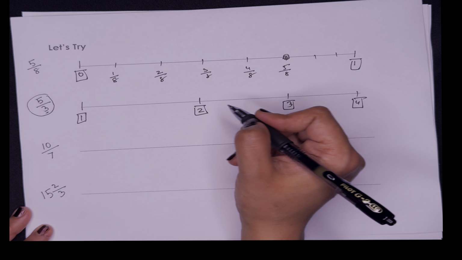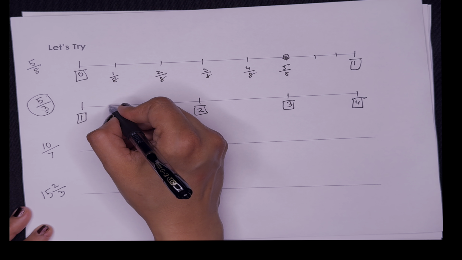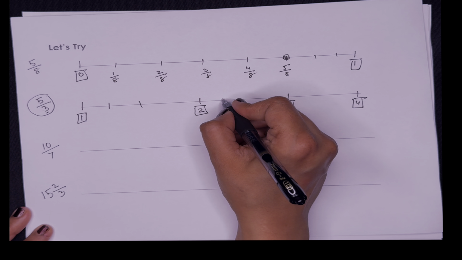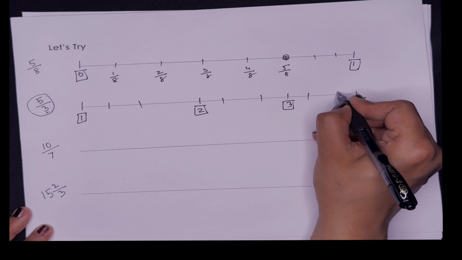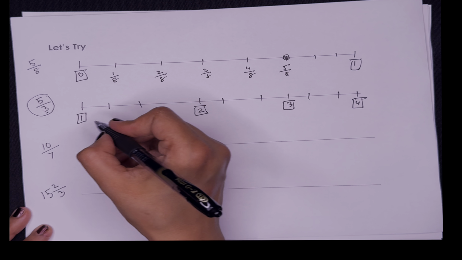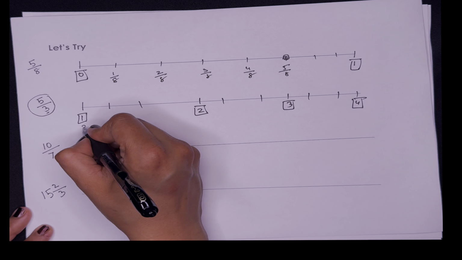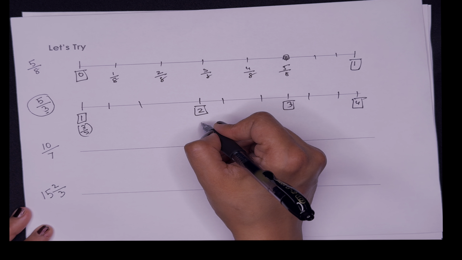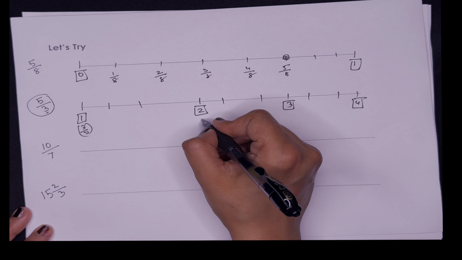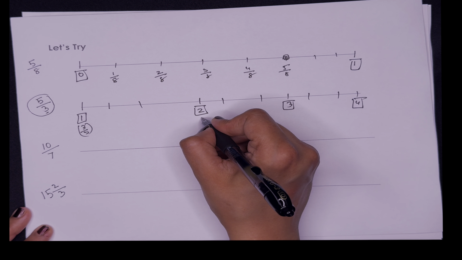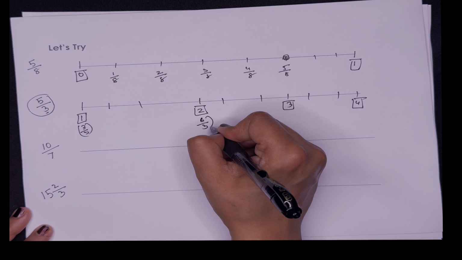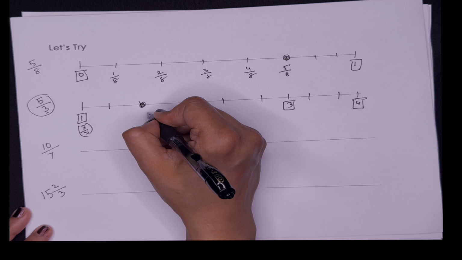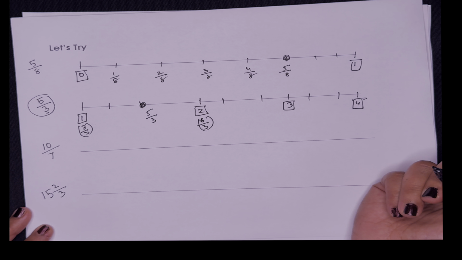The denominator is 3, so 3 equal parts. Putting 2 lines gives us 3 equal parts. So this is 1, that means 3 by 3. If the partitions are 3 and the whole number is 2, the numerator will be 6 by 3. So 3 by 3, 4 by 3. This is our desired point, 5 by 3.